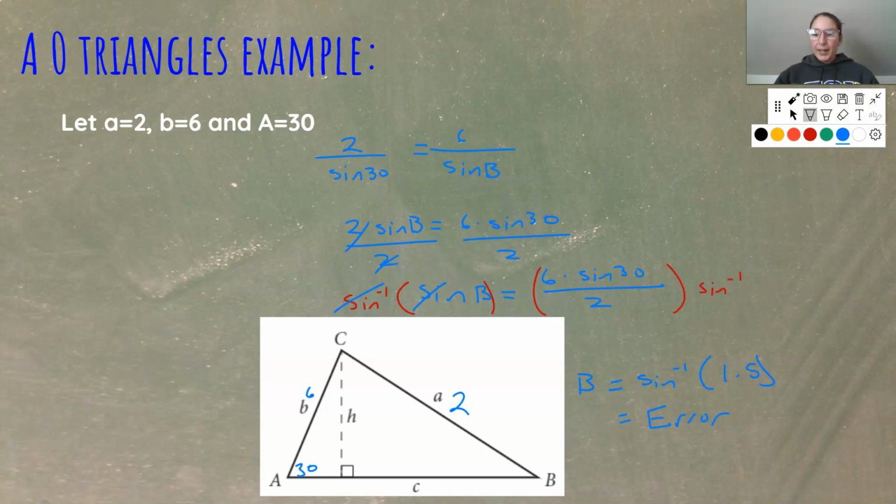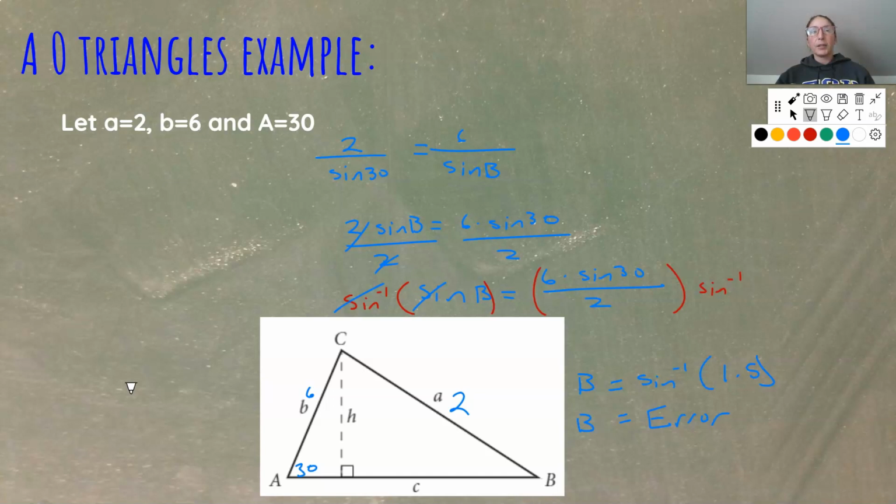So why do we get an error? Remember, sine inverse is saying, sine of this angle will evaluate to this number. But if you think to the unit circle, sine is only ever between, at its highest, +1, and at its lowest, -1. There are no other sine values on the unit circle.